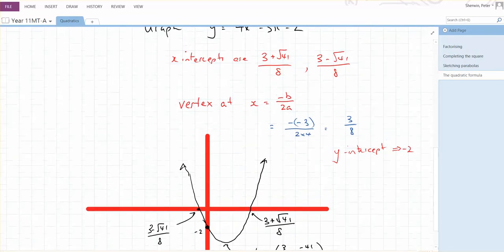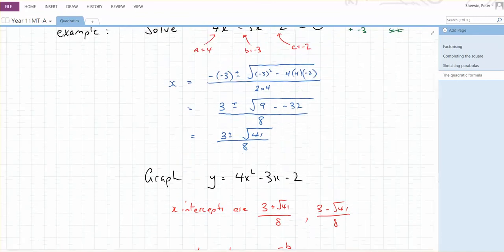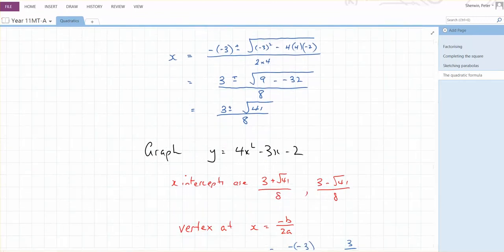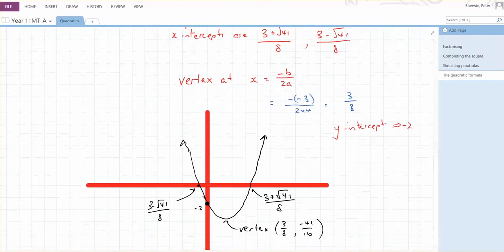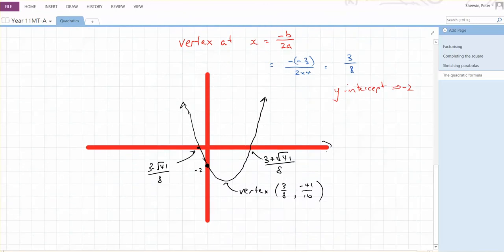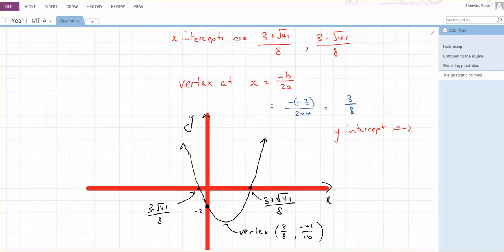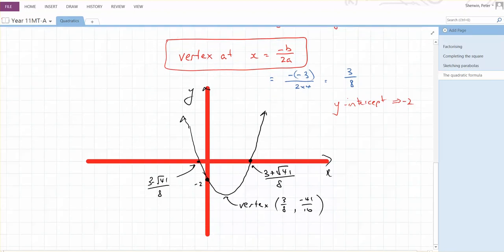So that's how to use the quadratic formula to solve a quadratic, and in doing so also find the roots of the parabola, the x-intercepts, when you look to graph a quadratic which doesn't factorise, so you're unable to find x-intercepts that way. The vertex is at x equals minus b over 2a. So worth taking some notes down on that, and then we can do some exercises in class in the next lesson.